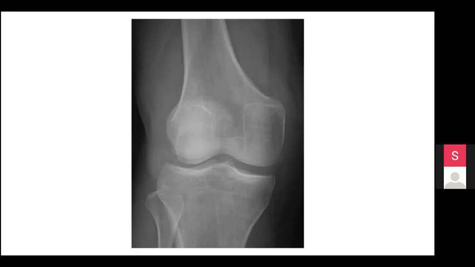Inferior pole of patella, sir. Inferior pole of patella, yeah, you can get confused like that, but the shape of the inferior pole of patella is not particularly a smooth curve like that, is it? It's more triangular and it doesn't look like a double joint line.